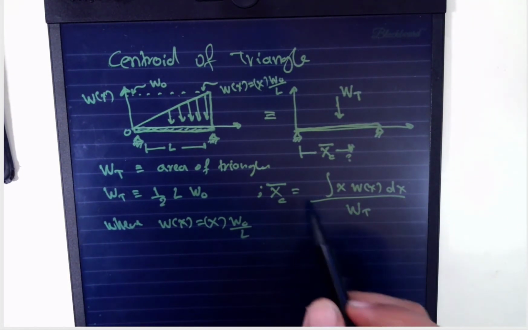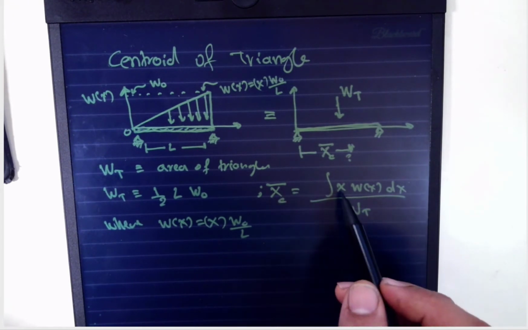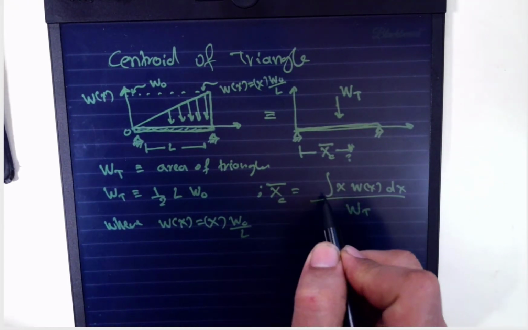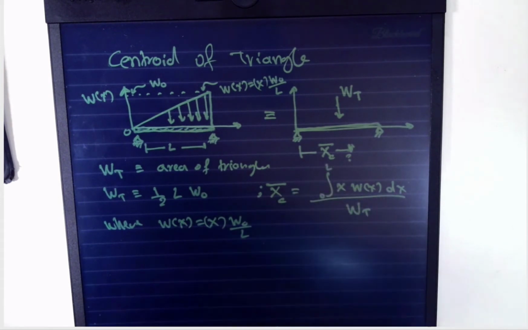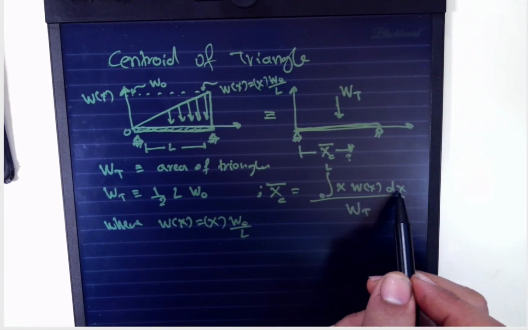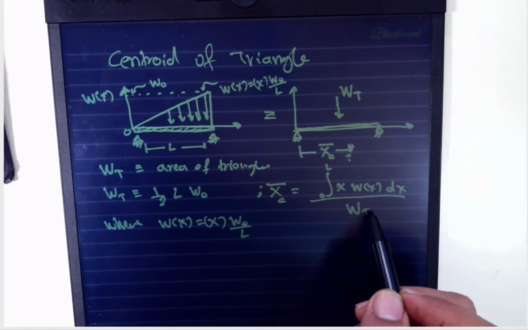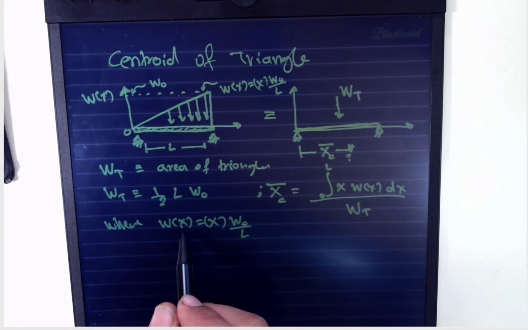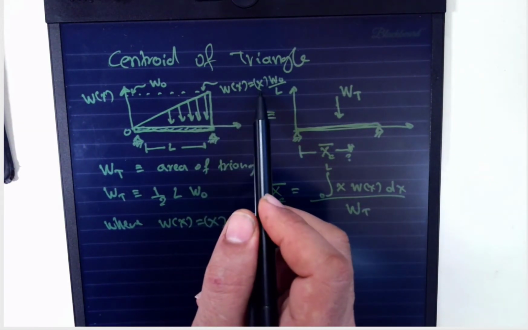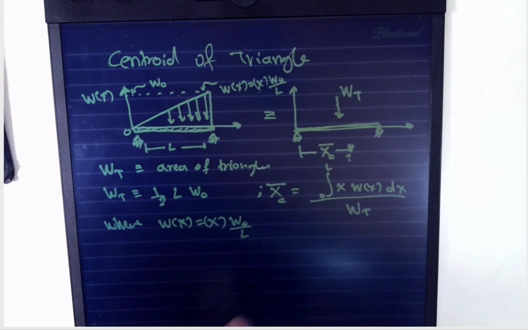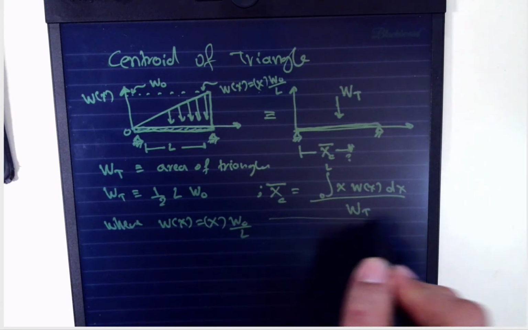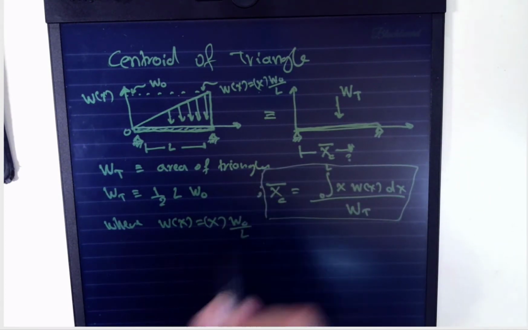So xc is equal to the integration from 0 to L of x w(x) dx over the total, where w(x) is given to us by x W naught over L. So that is the term we want to calculate.